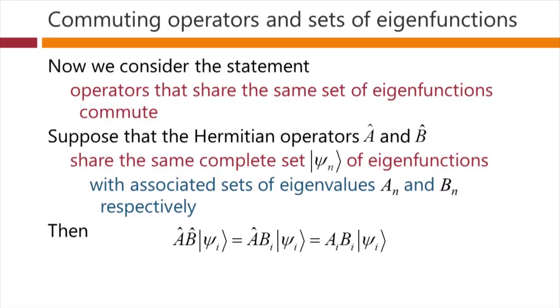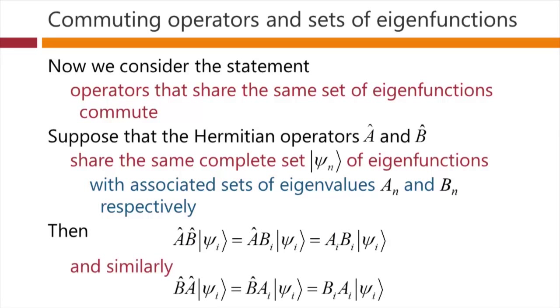Then A after B operating on psi I will be A operating on bi times psi I, because this is the eigenvalue we get, bi, by operating with B on psi I. Well, we can move this number around if we want. We don't really need to. A operating on this vector here, which is just some vector proportional to this eigenvector psi I, also of the operator A, just gives us another factor ai out in front here. So A after B operating on psi I is ai times bi times psi I.